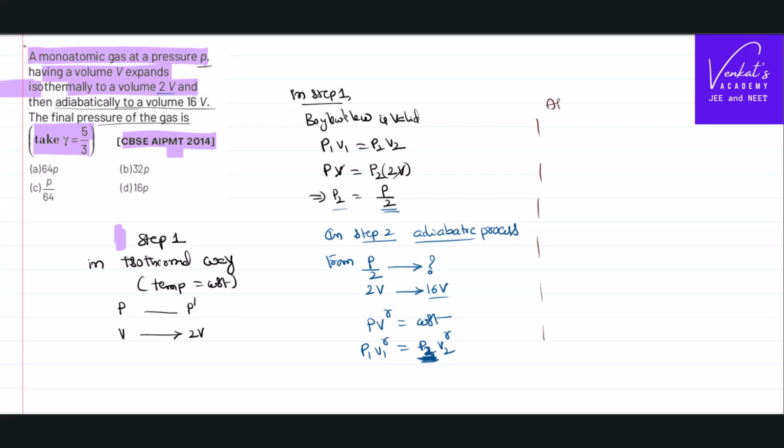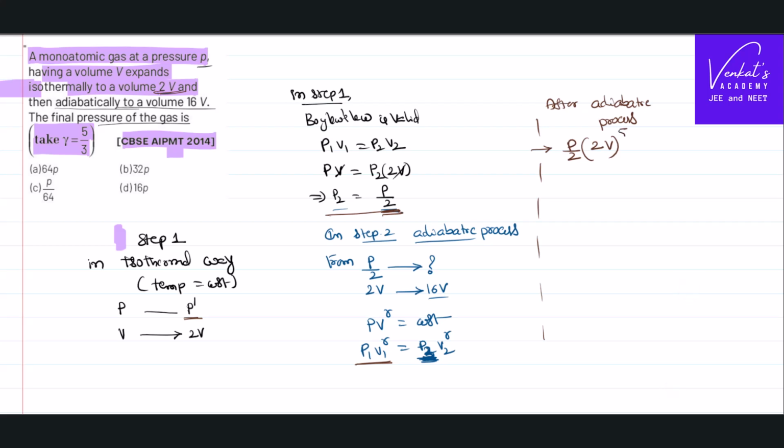So what can I write? After the isothermal process is over, P1 V1 power gamma. P1 is no more P, rather it has changed to P by 2. V1, after the isothermal process, volume is changed to 2V power gamma.